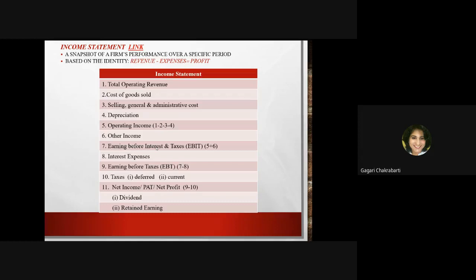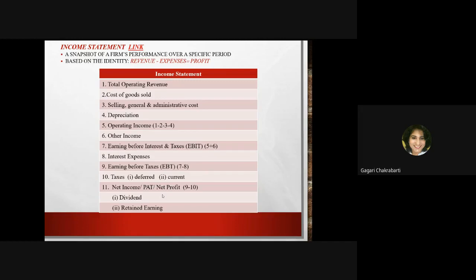Now the firm may have some other activities also. It may have some other income. It may have some interest bearing assets or income bearing assets. So in that case, income will be generated from those sources also. It is just like a salaried person.